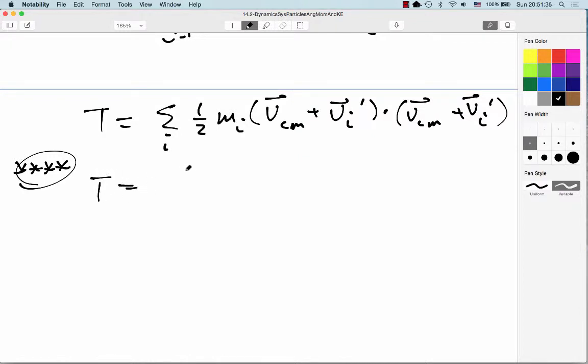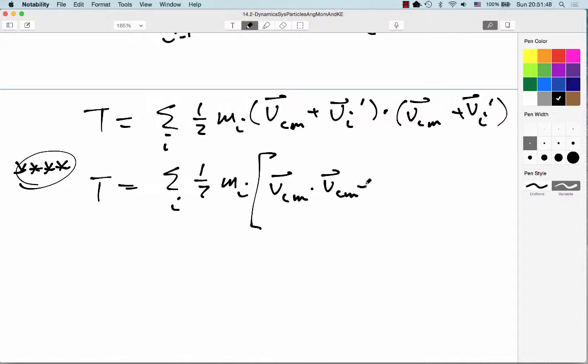So T equals the sum over i of 1/2 mi. I can pull that out of everything. And again, doing FOIL action here, I'm going to get VCM dotted with itself plus the cross term, so 2 VCM dotted with Vi prime, plus Vi prime dotted with itself.